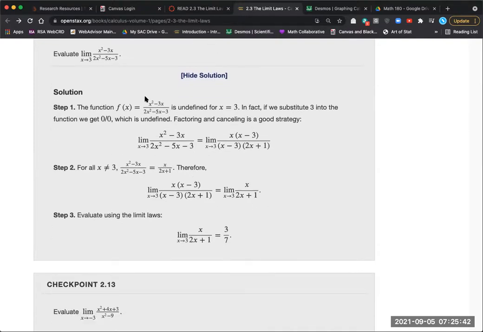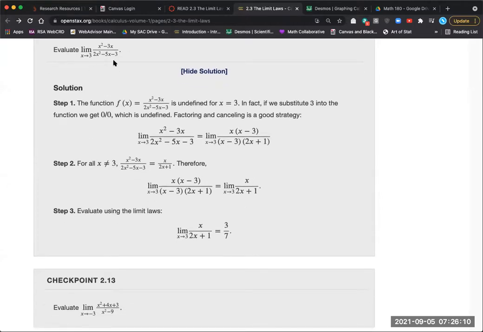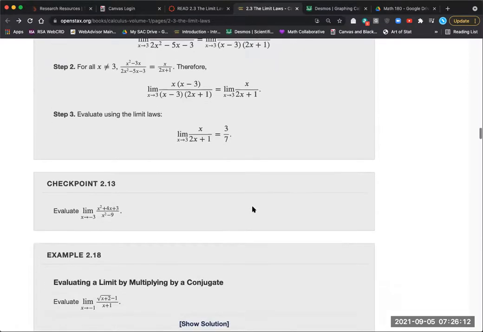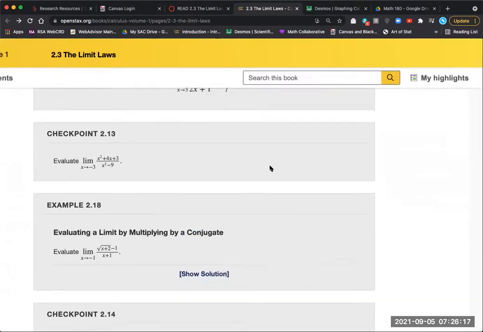You'll see after you go through the steps of factoring, and you may need to review factoring of binomials, you have a version now that allows you to substitute 3 in. Again, it's not really evaluating the function at that point, it's finding the limit. It allows us now to evaluate what happens as x approaches 3, and so then you end up with a value there. So that's one of the techniques.